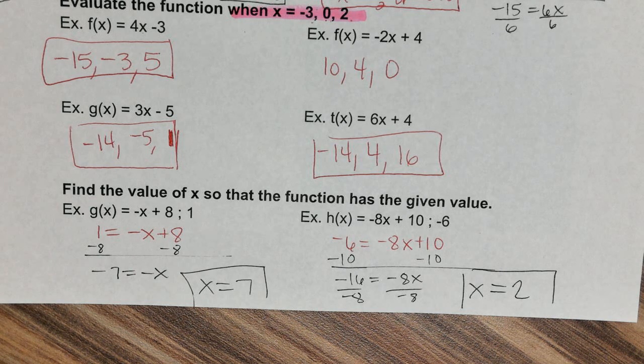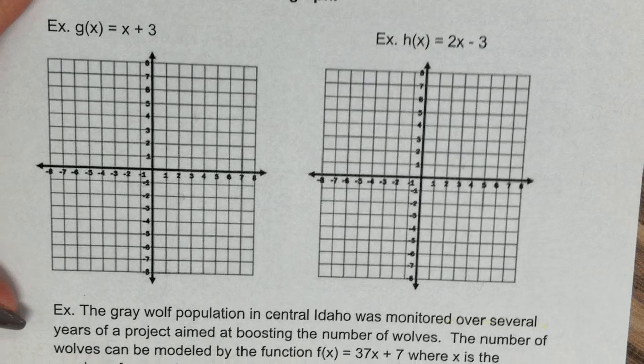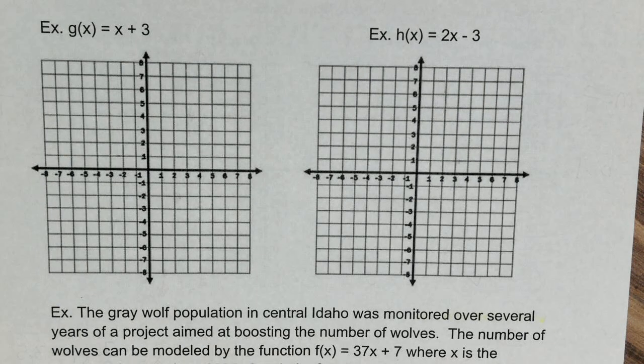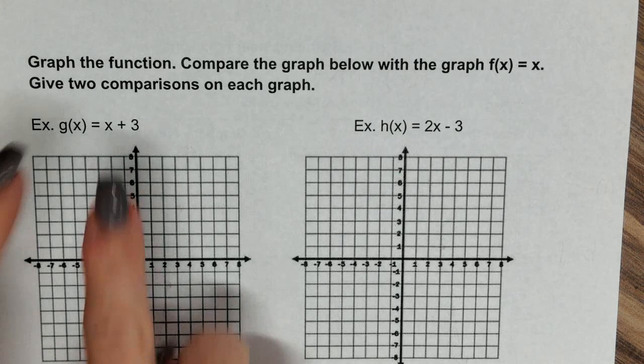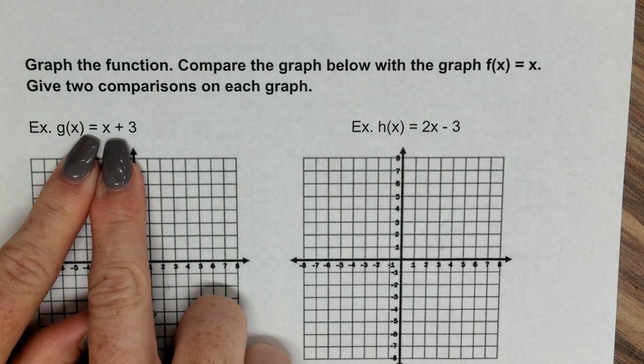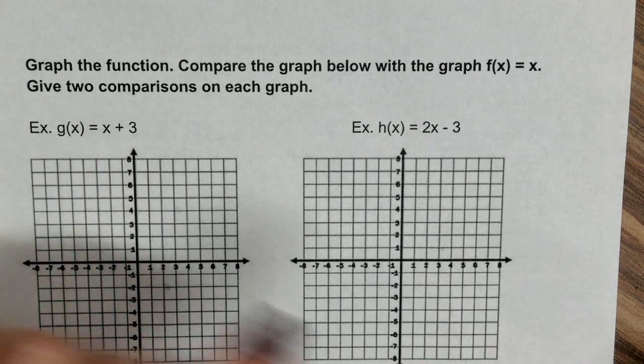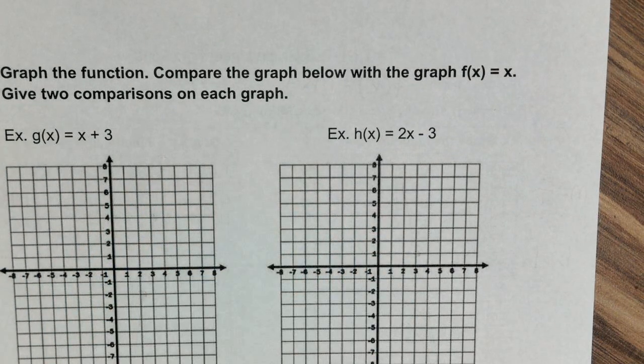Now we're going to get into comparing functions. So flip to the back. So how many functions are you going to graph? 2. Now, we're going to graph this function, and we're going to compare it to what is called a parent function.